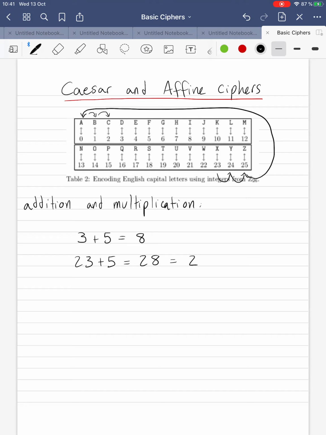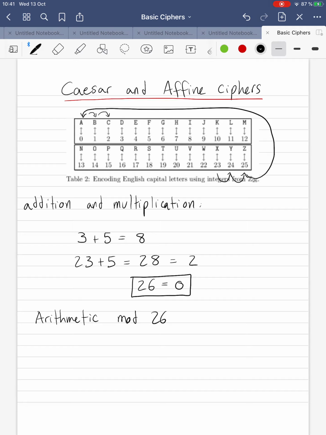Now if we have 28 equals 2, if we subtract 2 from each side, then we basically get that 26 is equal to 0. So this is called arithmetic mod 26, modulo 26.